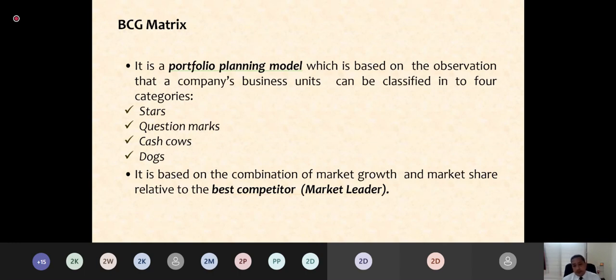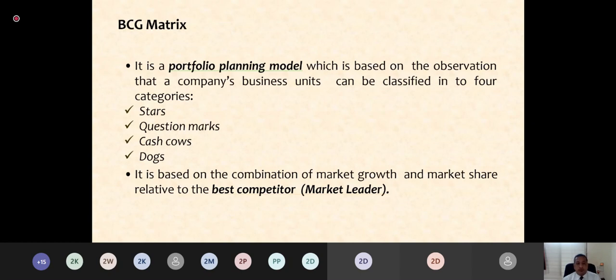These categories, as we discussed, are stars, question marks, cash cows, and dogs. This categorization, you will see with the name itself, you will be able to understand which category of business units or product lines might be important to an organization.